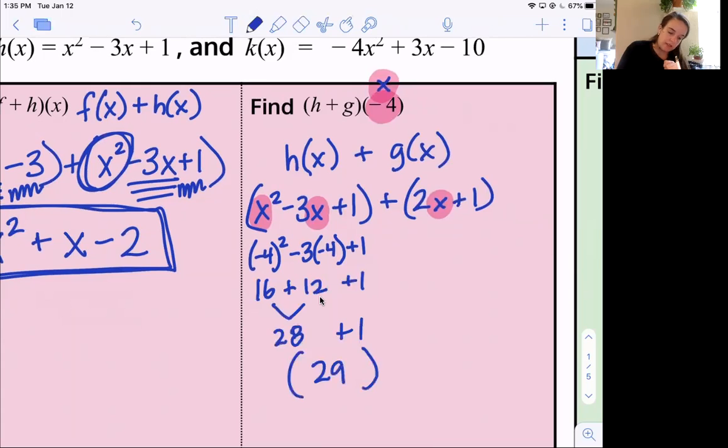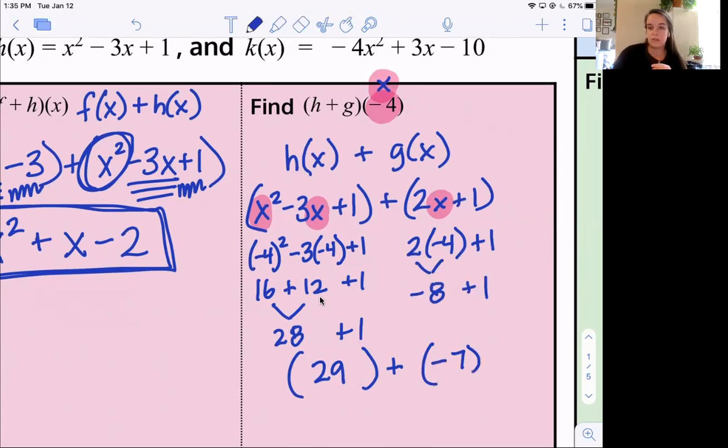So that's my first parenthesis. And then my second parenthesis, remember I have an x here, I'm going to plug in -4: 2 times -4 plus 1. So 2 times -4 is -8, plus 1 is -7. Like that. So that's what ends up in my second parenthesis.